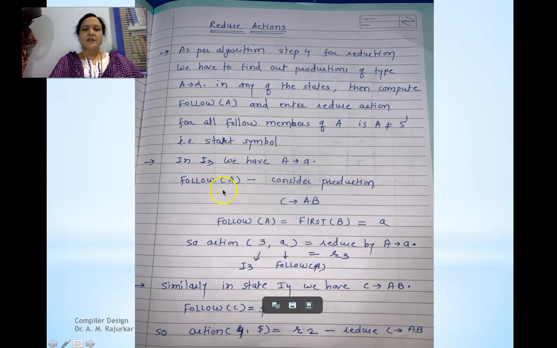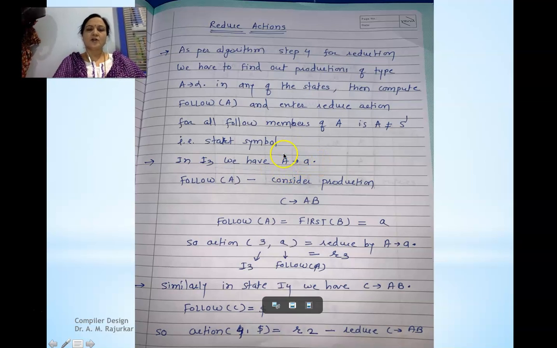So in I3 we have a production A tends to small a dot. This is present in I3. So as per the rule, first we have to compute follow of A, to know what is the next symbol that will be available in the input buffer during reduction in the parsing. So to compute follow of A, we have to consider the production C tends to AB, because here A is followed by something, and from that we can get the follow member.